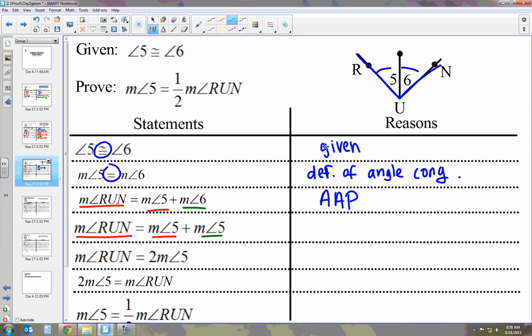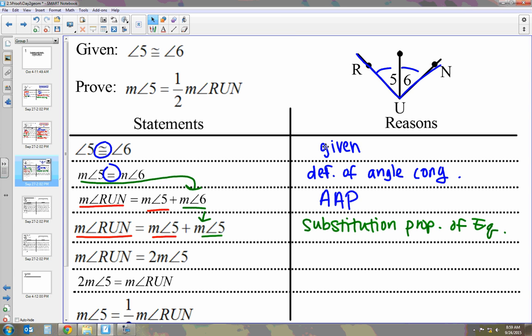And I notice on the line above that 5 is equal to 6, so I can substitute in 5 for 6. So that is our substitution property of equality. Okay. Next up, I have the measure of RUN equals 2 times the measure of 5.